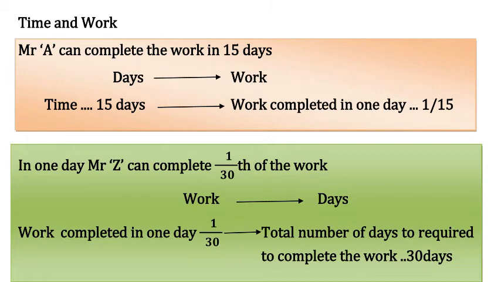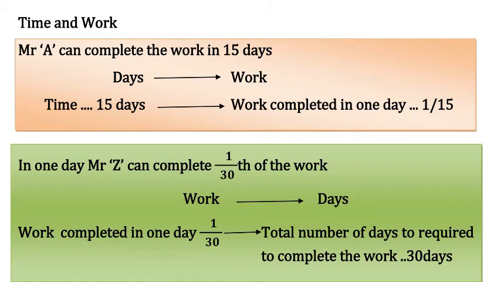In the same way, consider the second example. In one day, Mr. Z can complete 1/30th of the work. Then what would be the number of days required by Mr. Z to complete the work? Here, the portion of work completed in one day is given, and how many days are required to complete the work should be calculated.